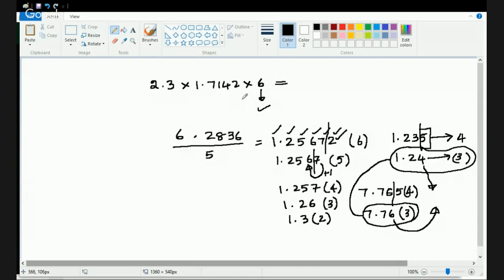In 2.3, already 2 significant digits are there. We are planning to round off to 2 significant digits only, so 2.3 remains unaffected, into 1.7142. Totally it has 5 significant digits, but I told you just now you have to round these off to 2 significant digits only. That becomes 1.7.